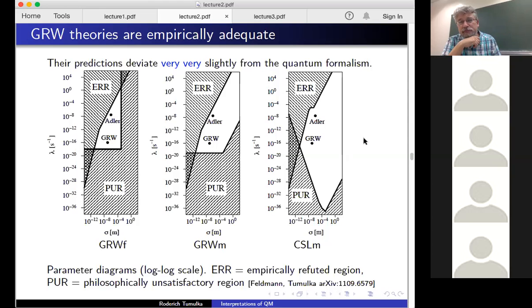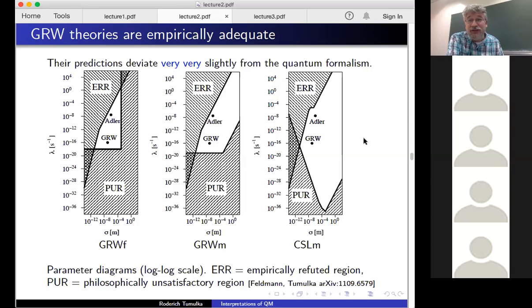How old are these limits? Okay, so the diagram that I'm showing you, that was from 2011. So actually, in the meantime, the boundary of the empirically refuted region has already moved. So in these diagrams, you see 2 points in the plane that are marked.